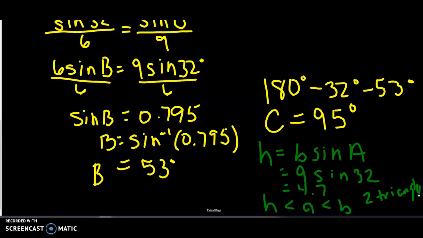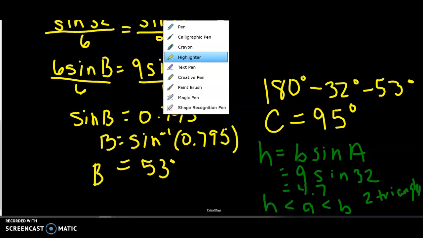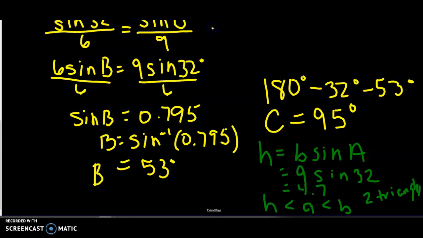So you keep your angle A the same. And now what you're going to do is find your B2. Remember, to find B2, we take 180 minus the 53, which is 127.